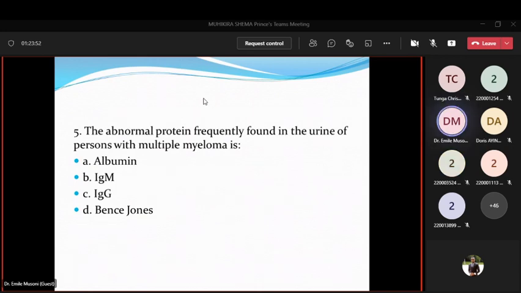So in your clinical practice, once you find multiple myeloma, then you ask for electrophoresis of the proteins. Then they give you the Bence Jones proteins, and the electrophoresis of protein is available. Even here at CHUK, we have that machine for electrophoresis. Okay.